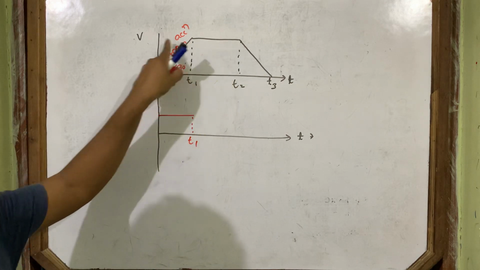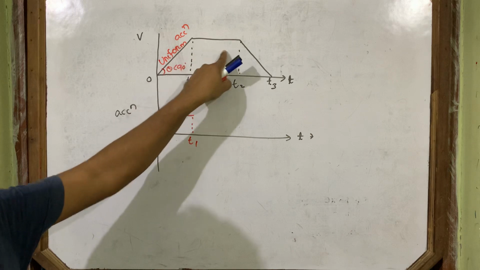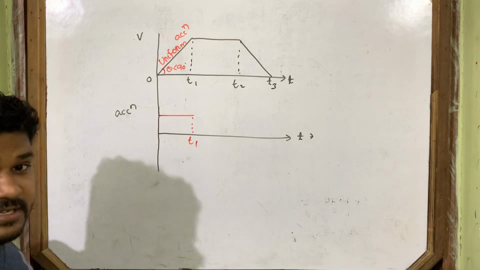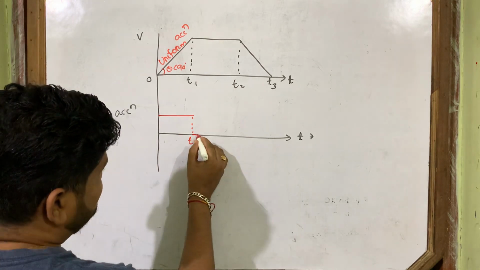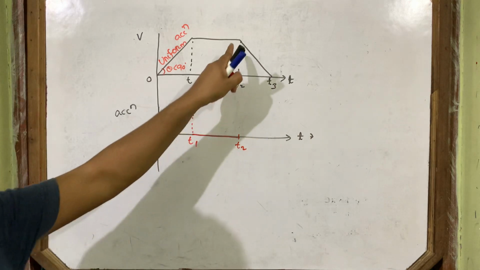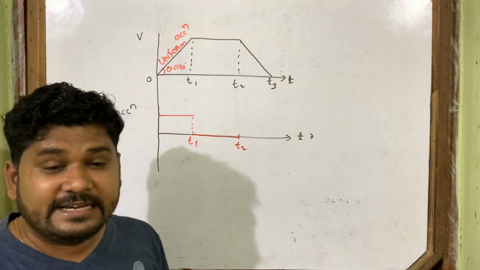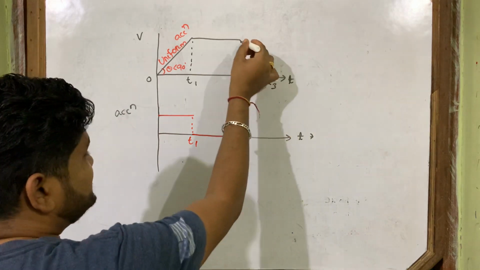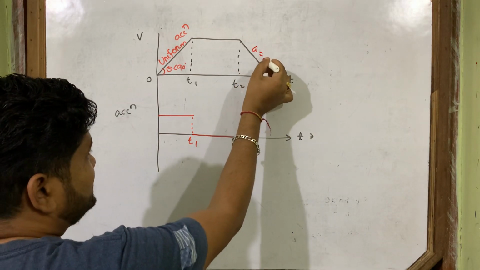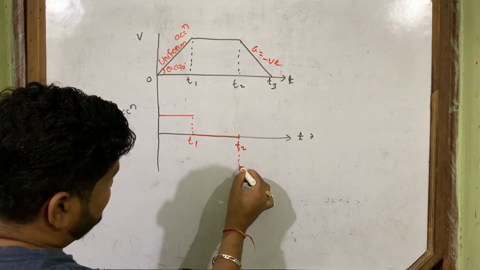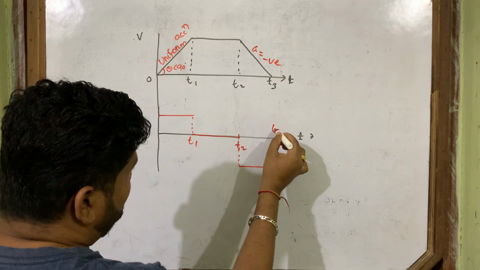In this region T1 to T2, velocity is constant. Velocity constant means what is the acceleration? 0. No acceleration. On the time axis itself up to T2. In this part velocity decreases. Velocity decrease means deceleration, negative acceleration. This is also uniform acceleration, but this is negative acceleration. Negative acceleration means the graph will be like this up to T3.